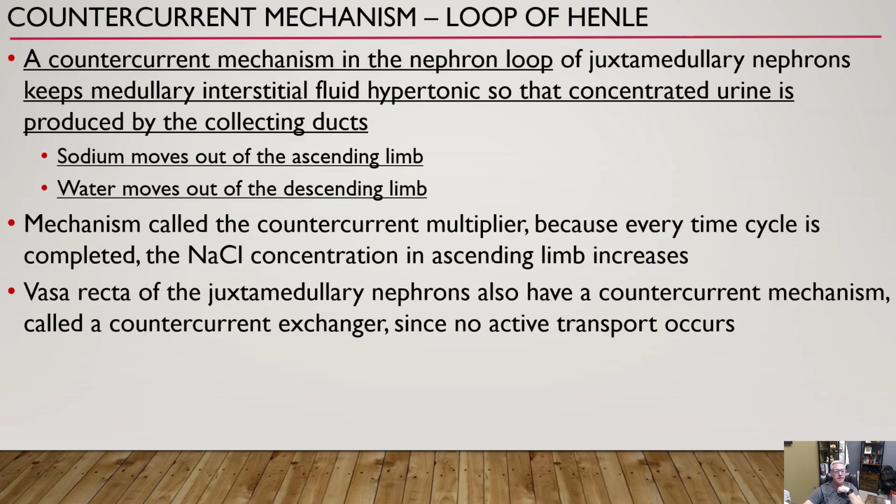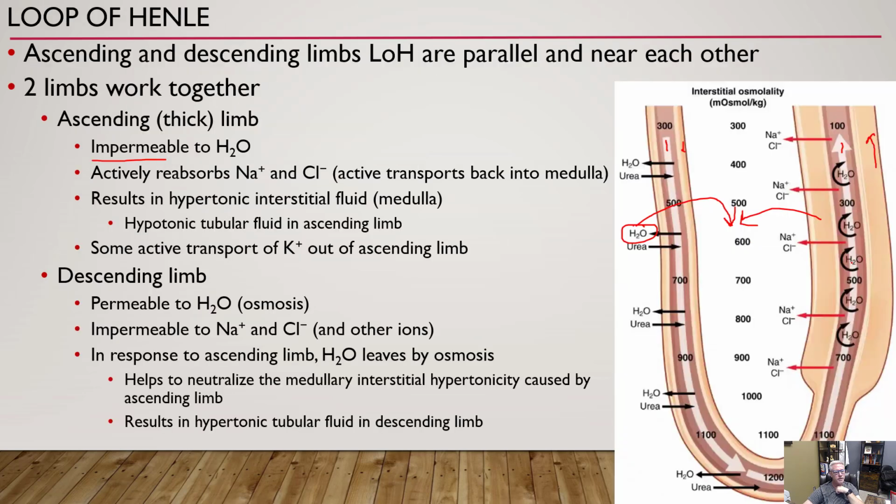So because of these two limbs working together, we call it a counter-current mechanism. So this is counter-current because anatomically we go descending then ascending. But we say it's counter-current because the ascending is going to throw out salt, then the descending is going to throw out water.